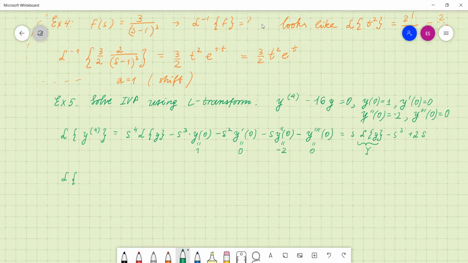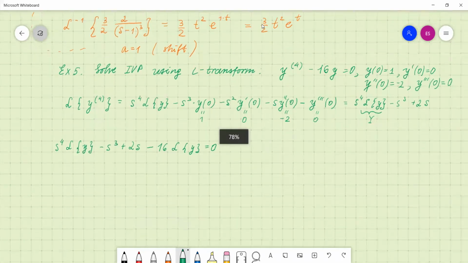It was power of 4 and suddenly became power of 2. I absolutely had no reason to change it to 2. I'm just copying this part, -s cubed plus 2s, and minus 16 Laplace transform of y equals 0. That's my equation in Laplace transform space.